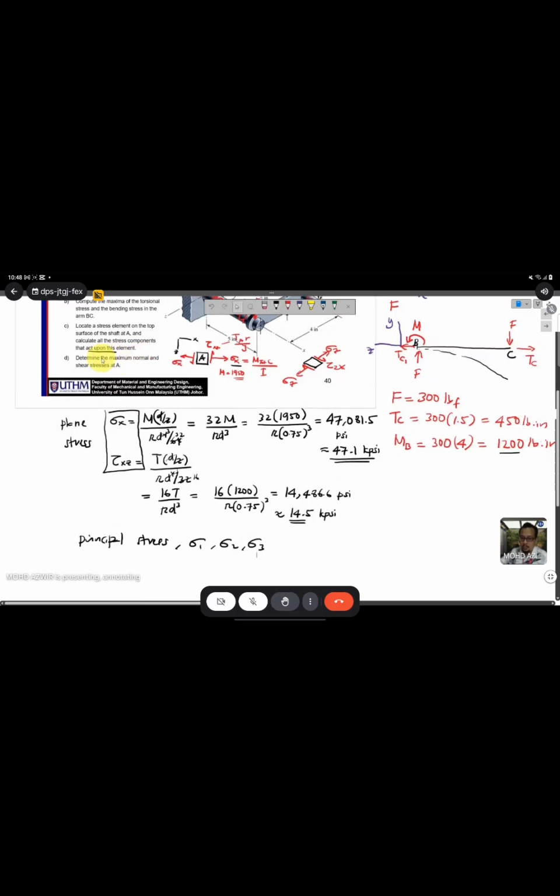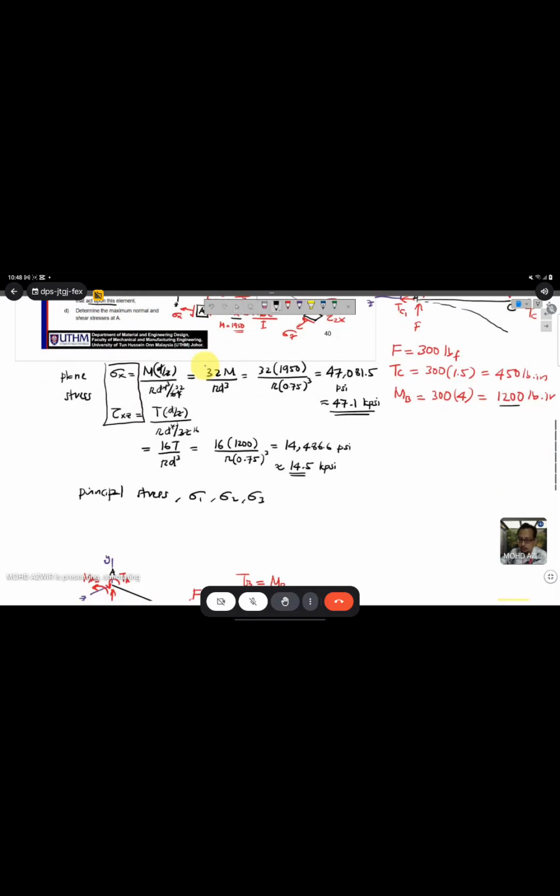And then for the maximum shear, you need to calculate tau 1, tau 2, and tau 3. Then from these taus, which one will be the maximum? So this is the principal stress and principal shear stress.